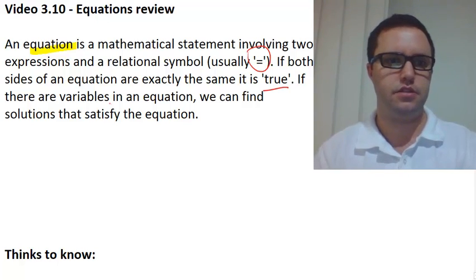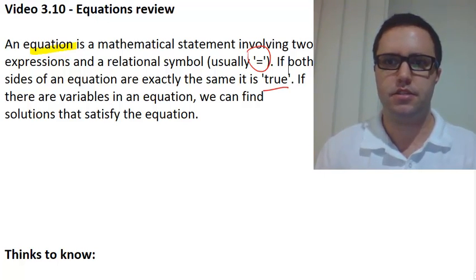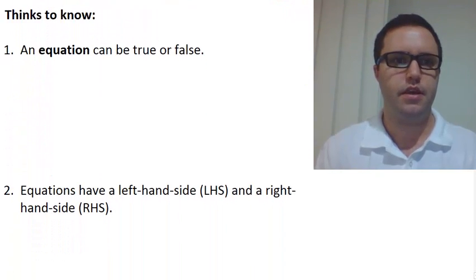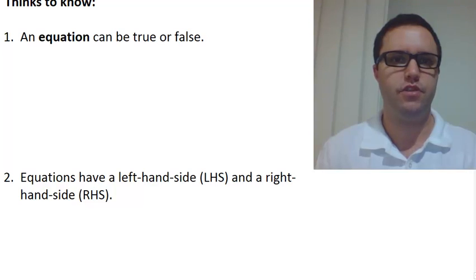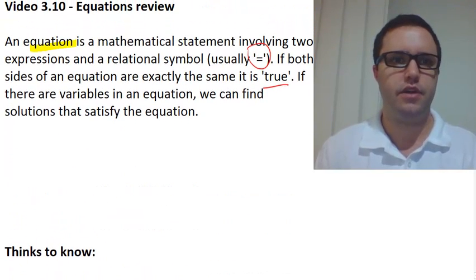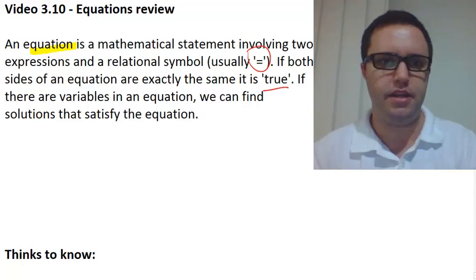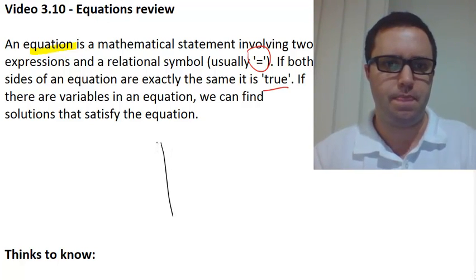Okay, so a couple of things that we need to know is that an equation can be true or false. Actually, I just want to quickly say that with our equations, the way I want you to think about it, and this may help a lot of you, is similar to a set of scales.